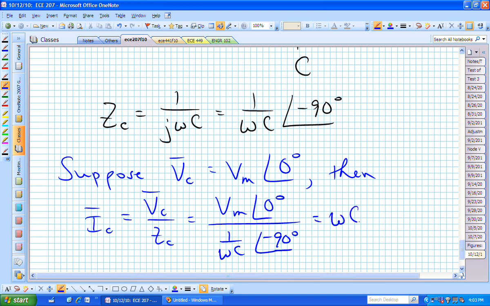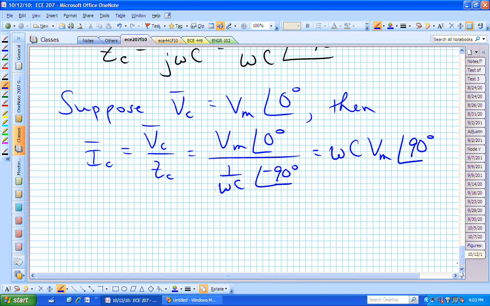Or that's omega C V sub m at an angle of 90 degrees. And if we don't want to keep track of all of those variables, we might just label that the maximum magnitude of your current, I sub m, at 90 degrees. That's the current phasor, I sub C.